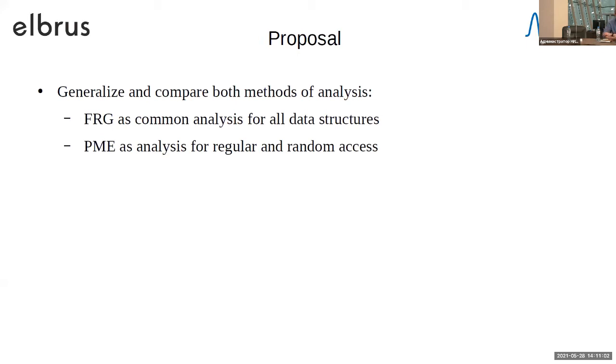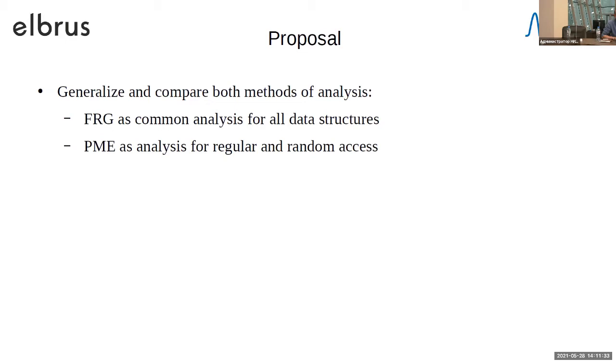My idea is to generalize both and compare them. Compare and choose the one which is better. Right now, we don't know which is better, so I think we need to look at them both. And why do you need generalization? Because we need to unify this analysis for all known data layout optimizations.